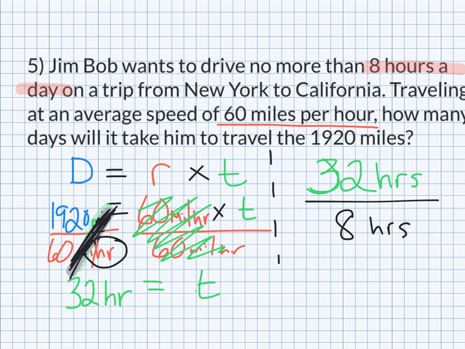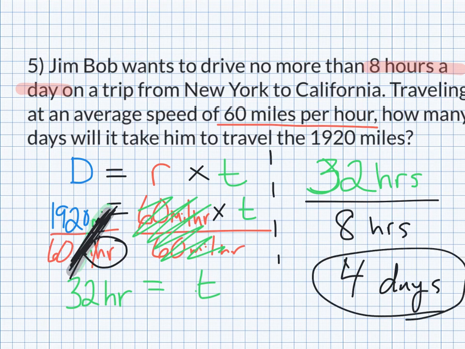So 32 divided by 8, you should get 4. So it's 4 days. This one doesn't work as much for the canceling out. We're just trying to figure out how many times 8 fits into 32. So the answer you should have gotten for number 5 is 4 days.